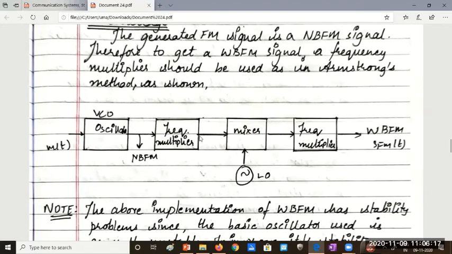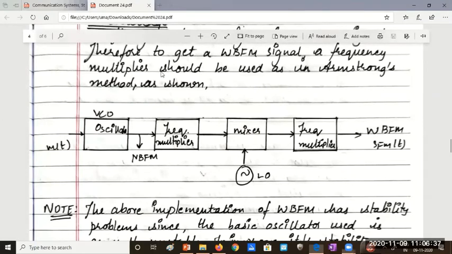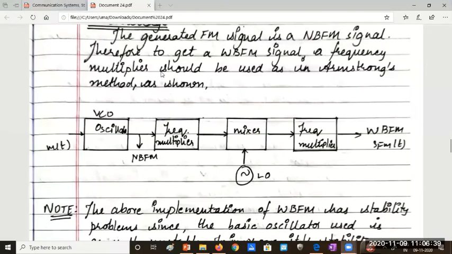Another important thing which happens when I multiply is that not just the carrier frequency gets multiplied. If I have carrier frequency F0 here, I can multiply it with 50, I'll get 50 F0. Along with the carrier frequency, what other thing gets multiplied? The frequency deviation also gets multiplied using this multiplier.